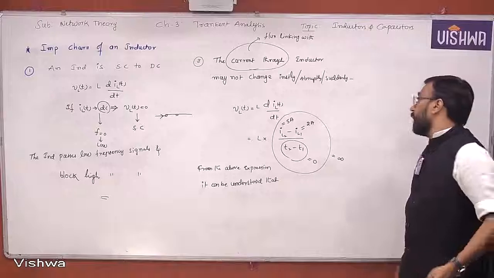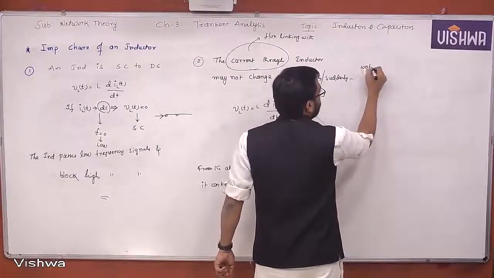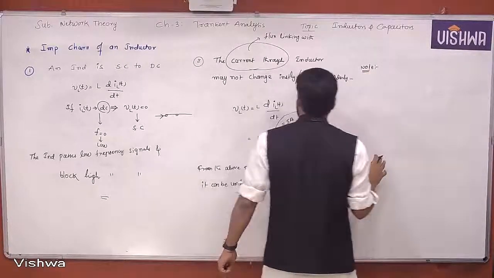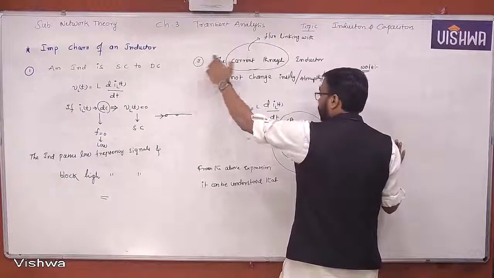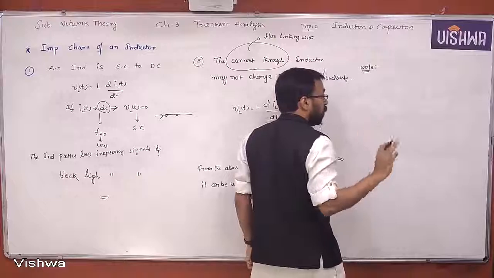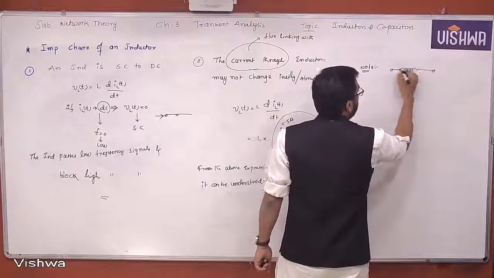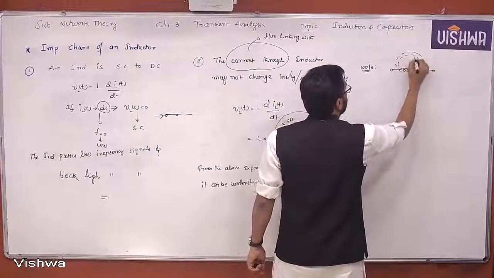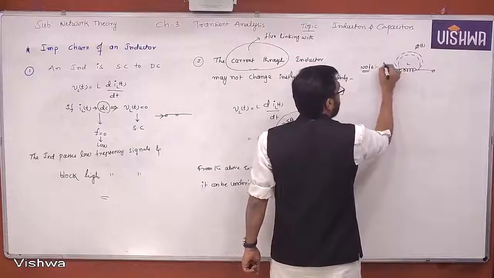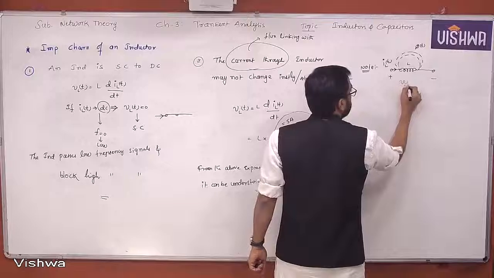Now, note, it's a very important point. These are all very, very important characteristics of the inductor and capacitor, particularly the second characteristic here in the inductor, and there we have seen the capacitor also. So the first one, this is the inductor L, with IL of t and VL of t.